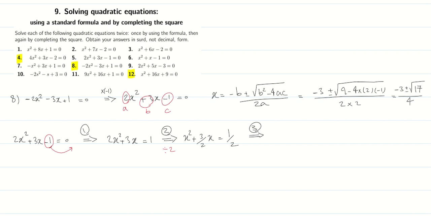So on step 3, we have to divide the coefficient of x by 2, then square it, then add it to both sides. So the coefficient of x currently is 3 over 2. If you divide it by 2, it would be equal to 3 over 4. Then if you square it, it would be equal to 3 over 4 squared. Then you have to add this value to both sides of the equation in here.